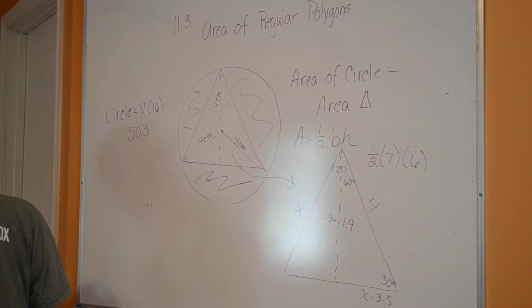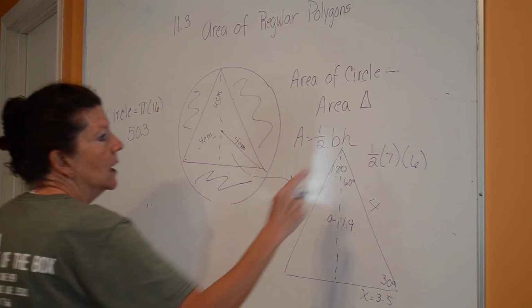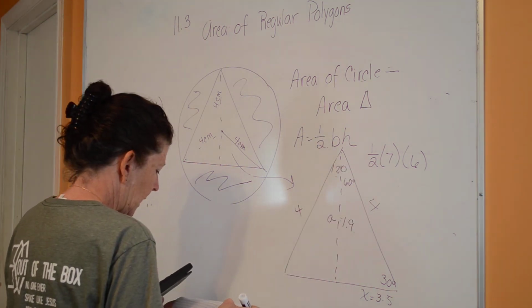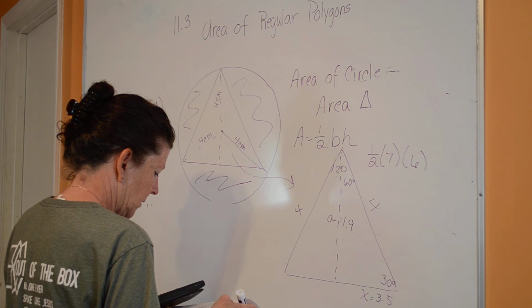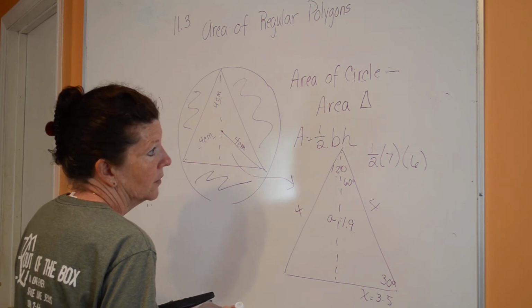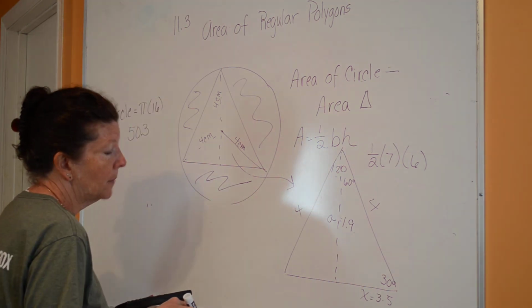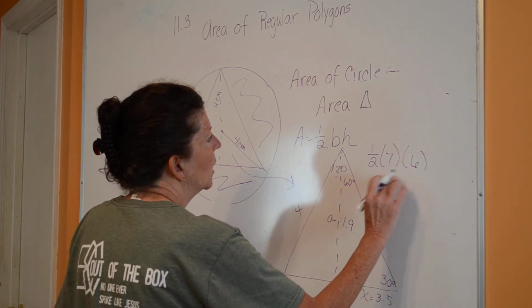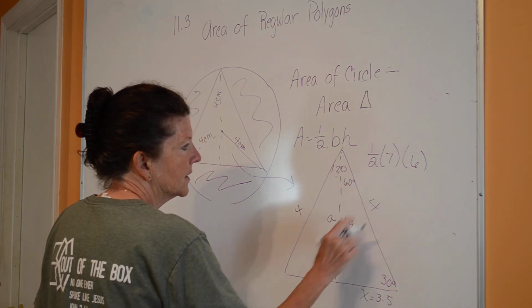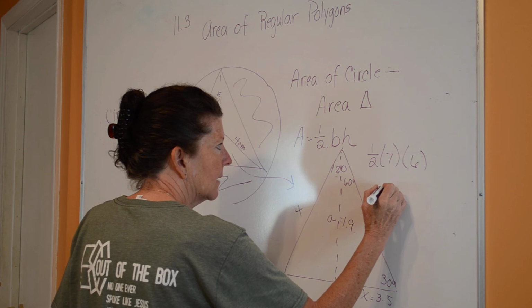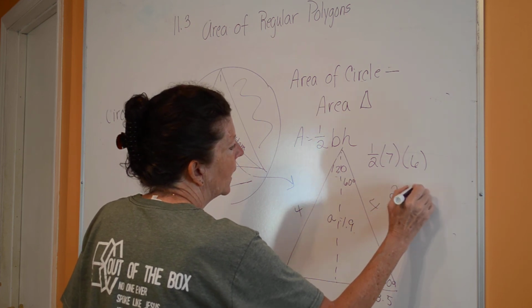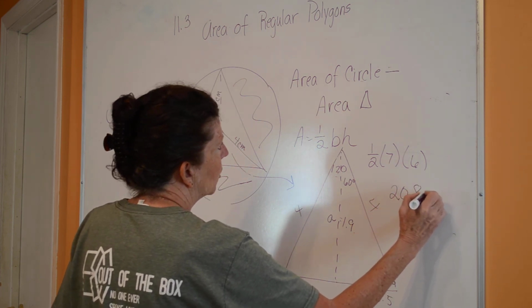If I did that correctly, that's going to give me the area of the triangle once I work that whole thing out: 42 divided by 2, which is approximately 21. I think if I left this at 1.9, it's going to give me an area of 20.8, which might be just a little bit more accurate.